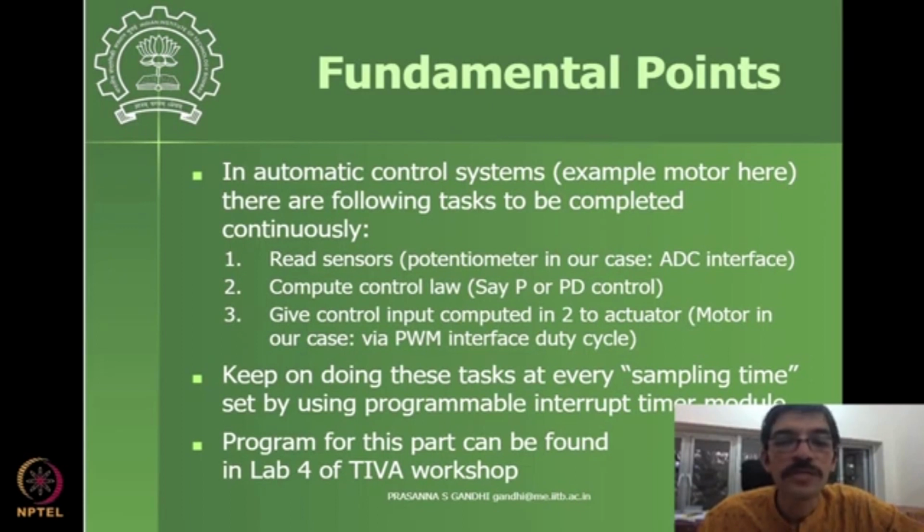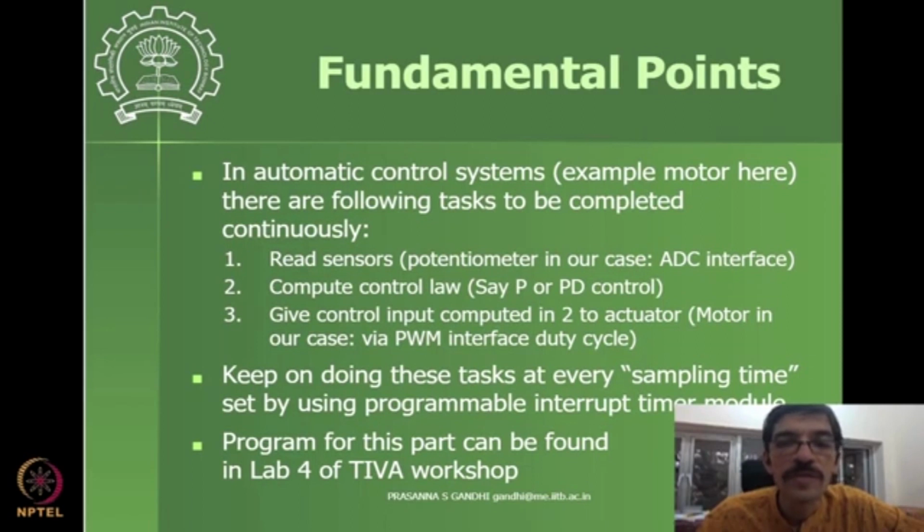So we read a sensor, which is an encoder in our case, then compute the control law, which may be PD control, the concept of feedback that we have seen, or maybe you might have seen some of these control algorithms in your automatic control courses previously. And then we need to give this control input to the actuator.